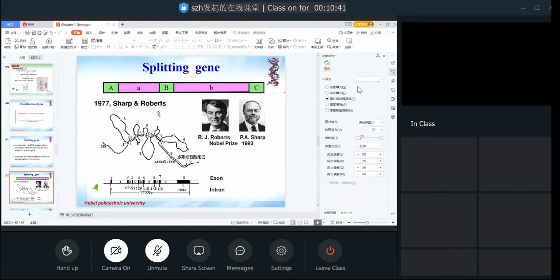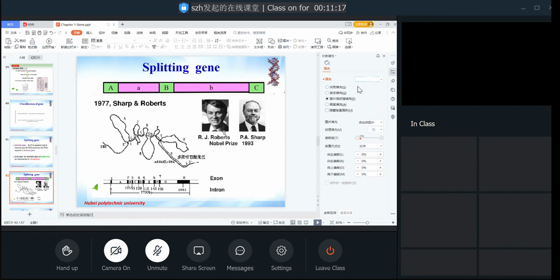The A, B, C, D, E, F, G, these 7 sequences are all transcribed to produce RNA. At that time, they are immediately spliced and deleted and destroyed. Only 1, 2, 3, 4, 5, 6, 7, 8, these 8 sequences code the peptide chain.